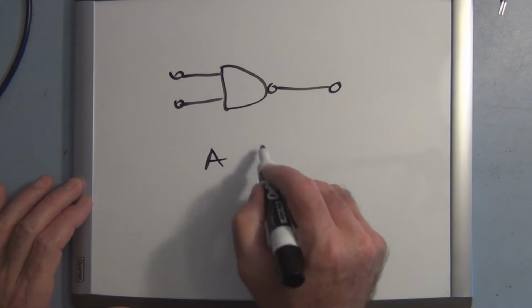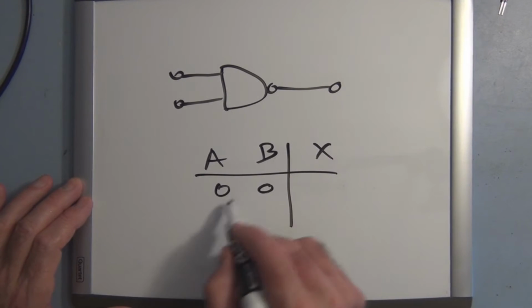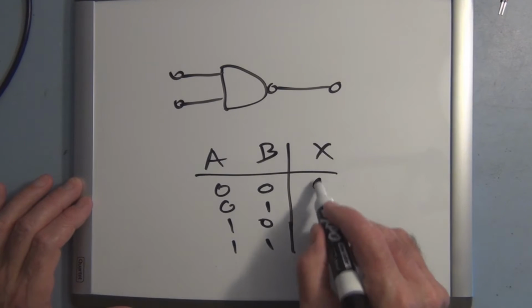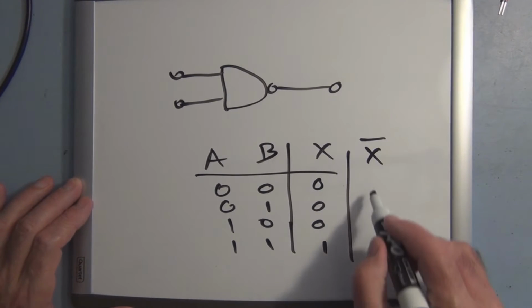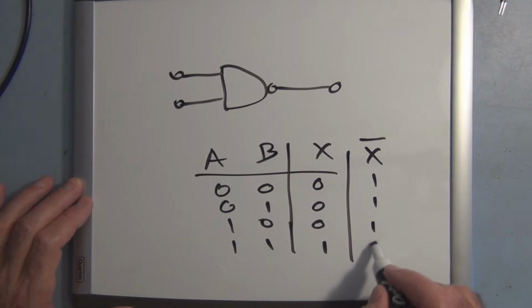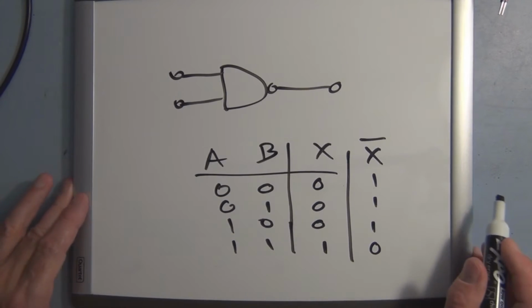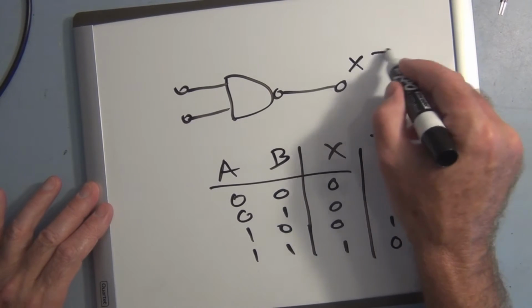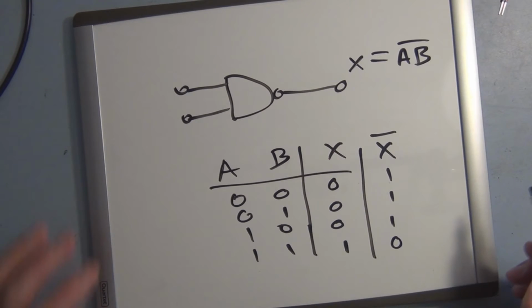So if we put the truth table down for both of them, we have inputs 0,0; 0,1; 1,0; 1,1. The AND output is 0, 0, 0, 1, and X naught, which is the NAND gate, is only low when both inputs are high. So this here is X equal to (A·B) naught.